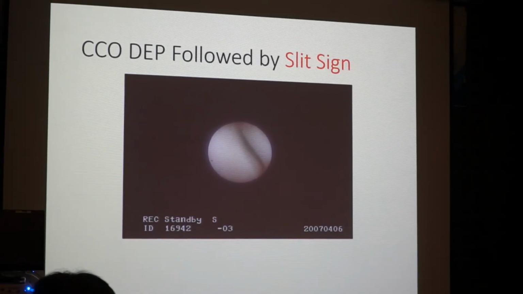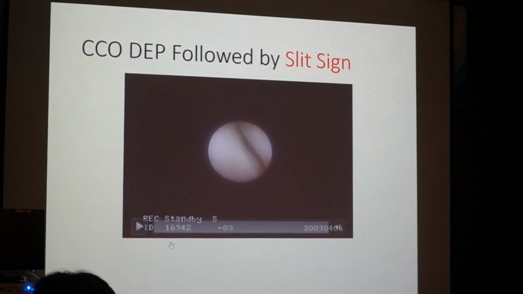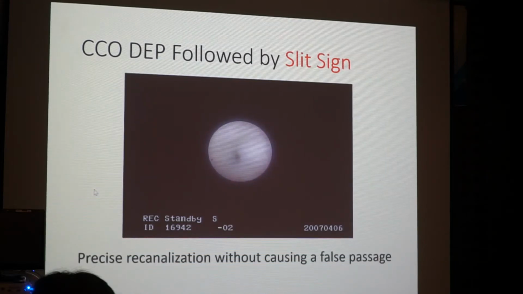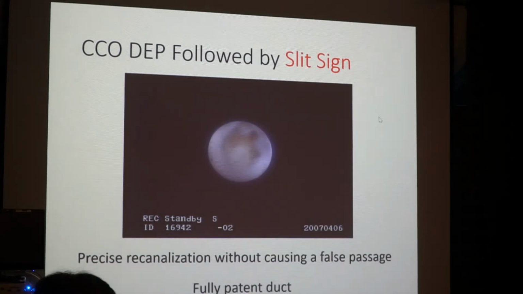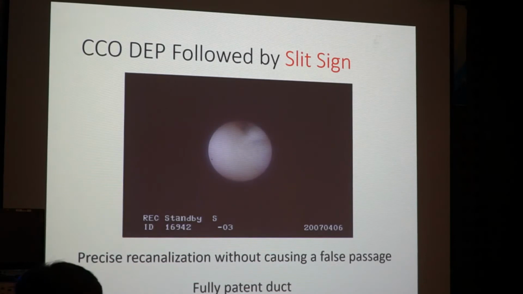So at this timing, the endoscope tells us that I performed precise recanalization without causing a false passage, and the duct condition was fully patent. Very important message. So after that, I can intubate, and the patient is going to be happy.